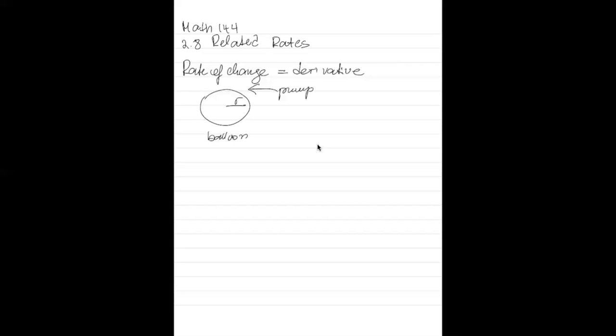When you pump air in the balloon, both the volume and the radius of the balloon increase, but their rate of increase is not the same. They're related to each other, but it's not the same. So the radius increases, that's dr/dt, and also the volume increases, dV/dt. However, it's much easier to measure directly the rate of increase of the volume than the rate of increase of the radius from the inside.